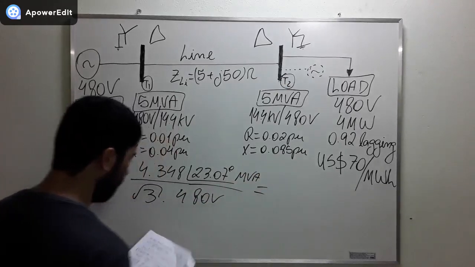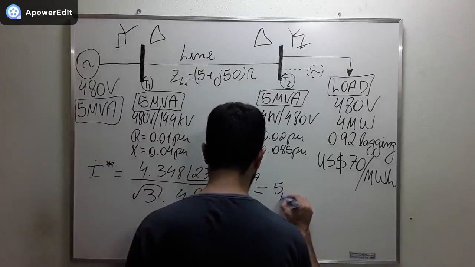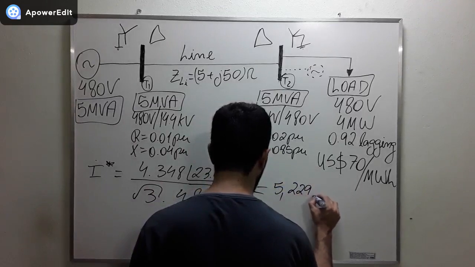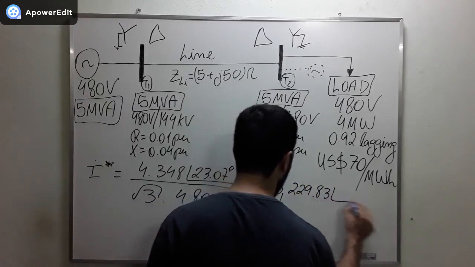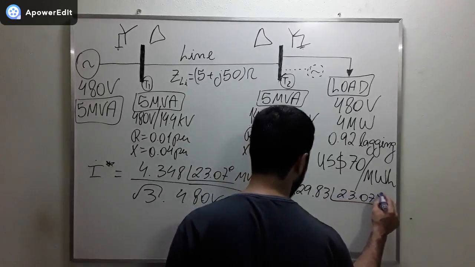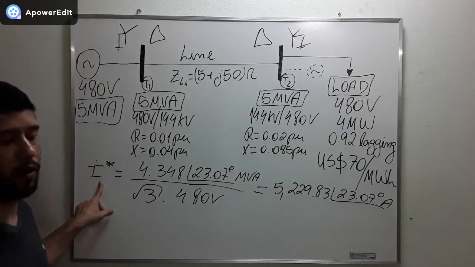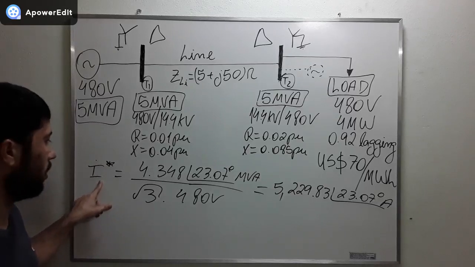And then we find a value of 5,229.83 in the phase 23.07 degrees amperes. But remember, this is the complex conjugate of the current.